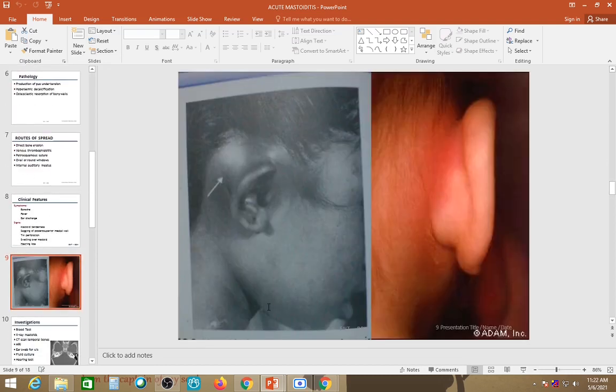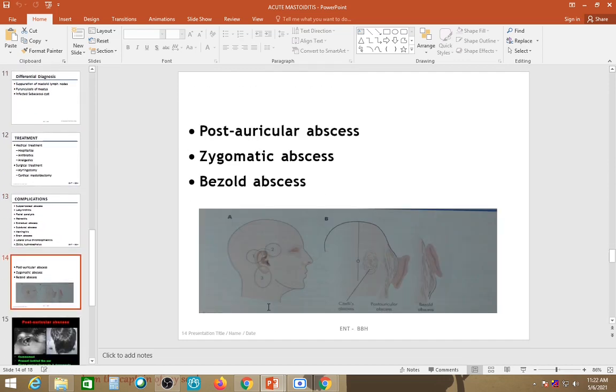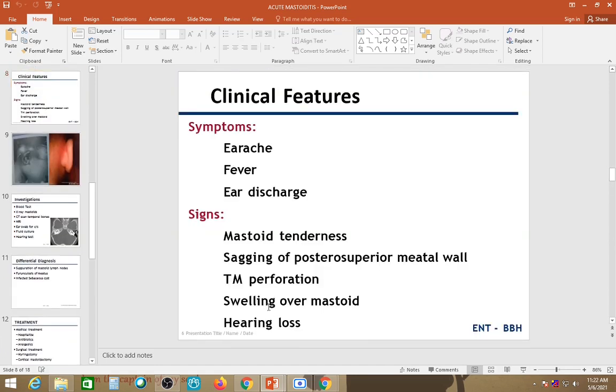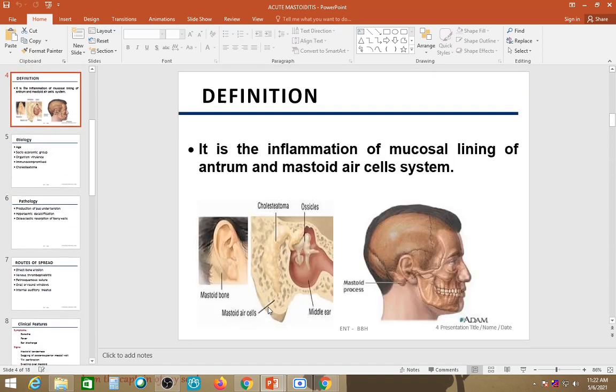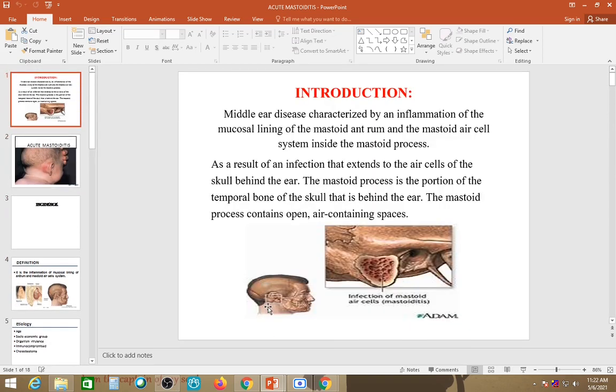Yes or no? Yes, ma'am. But can you tell me the three bones? Malleus, incus, and stapes. Yes. I used to forget, malleus, incus and stapes. The MIS, M-I-S, I used to learn that one.